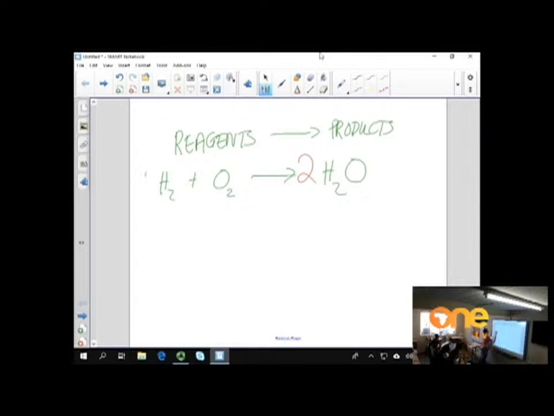So I need to have 2 hydrogens. All right. I can draw it as follows. I have a hydrogen, and I've got oxygen, and I have got H2O. I've got oxygen, a hydrogen, and oxygen, and hydrogen.